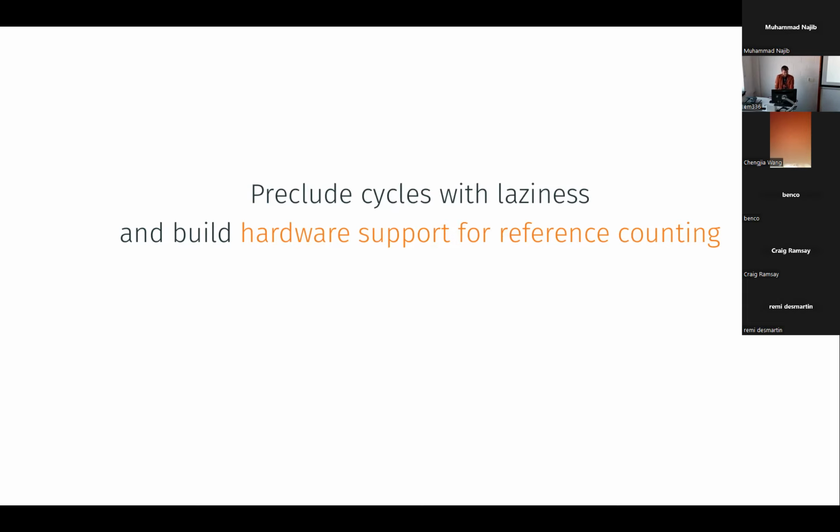And that's particularly appealing because the reference counts, the operations to that are kind of time insensitive. You have to be careful about the order you do things in, but you don't really have a strict timing deadline. So we could do that off to the side.